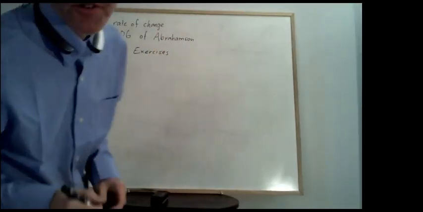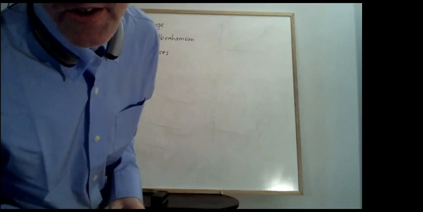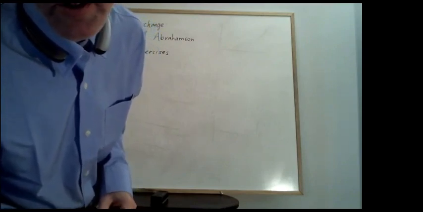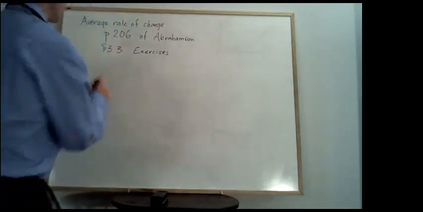Number 11 has the function a of t is equal to 1 over t plus 4 on 9 plus h.